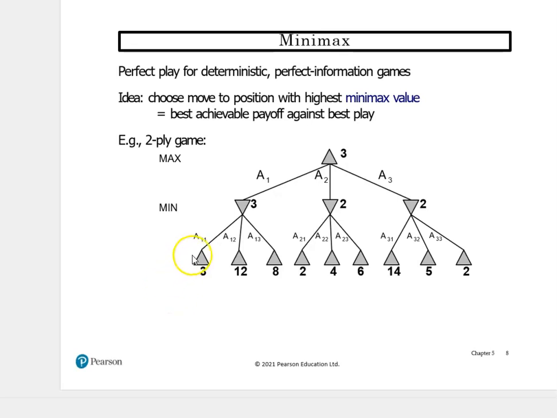Of course, here we call them A11, A12, A13, and so on. Now, this particular game ends after one move by max and by min. Okay, so the utilities of the terminal states range from 2 to 14. So you see that the lowest utility is 2 and the highest utility is 14.